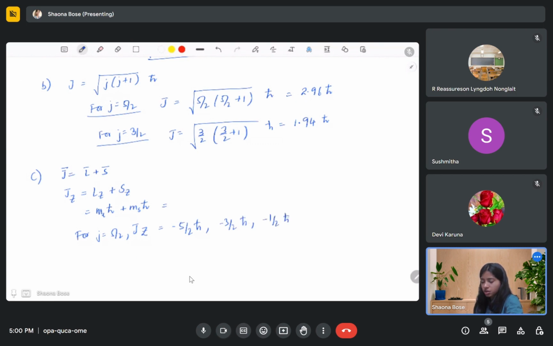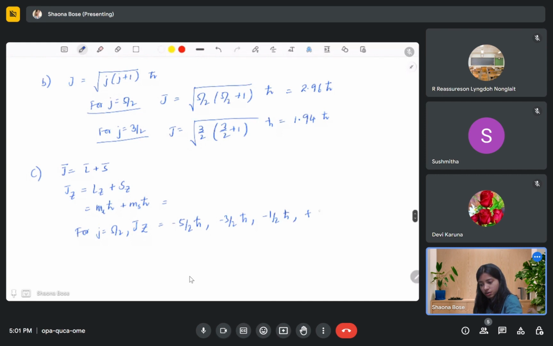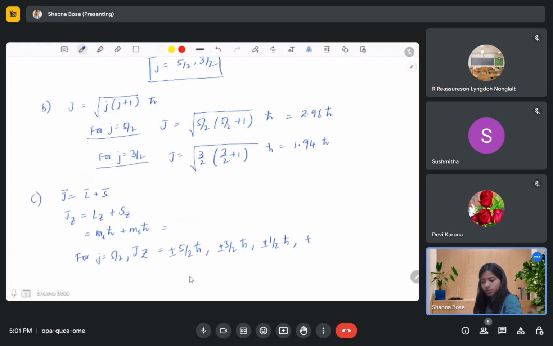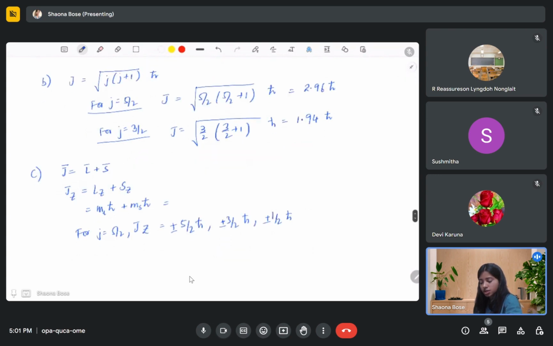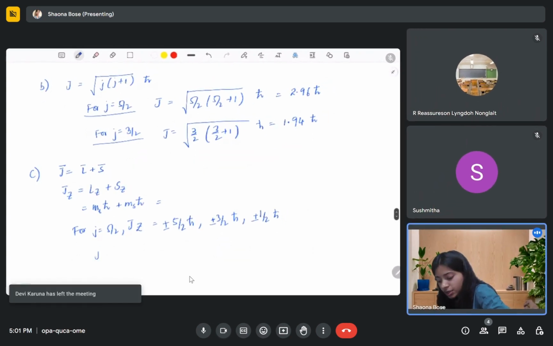We will just go from minus 5 by 2 h cut up to plus 5 by 2 h cut, just 6 components.